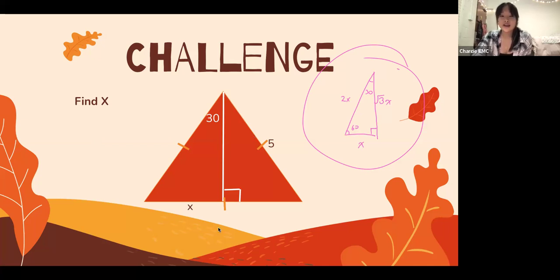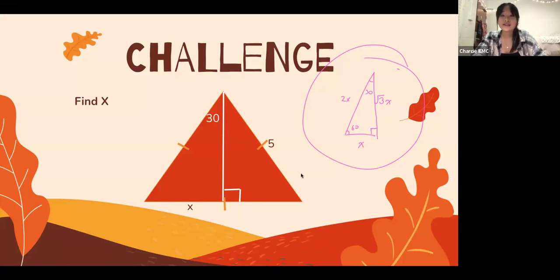So if you split that in half, there's a 30-degree angle. At the top of the right triangle, that's going to be 30 degrees, and the bottom angle is going to be 60 degrees. And the ticks on the side mean that all the side lengths are the same. So that means we have one complete triangle that we can use the formulas on.